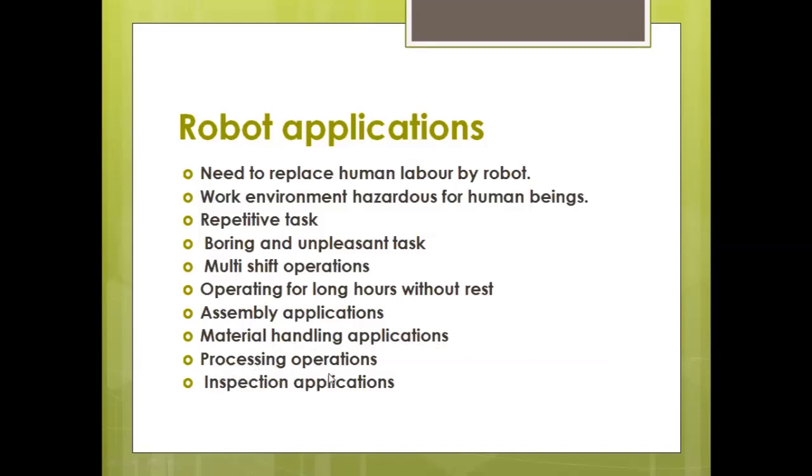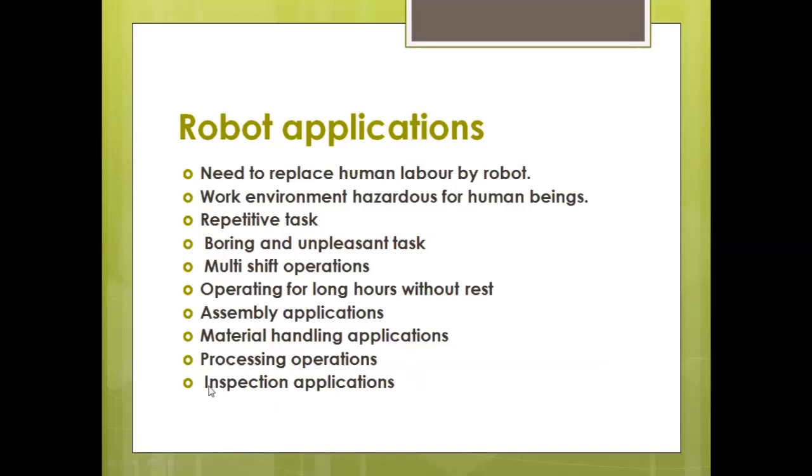Then processing operations. In the process industry or the manufacturing industry, robots are used for all the processing: welding operation, grinding operation, facing operation, thread cutting operation, knurling operation. All the operations are performed by the robot itself without using manpower.